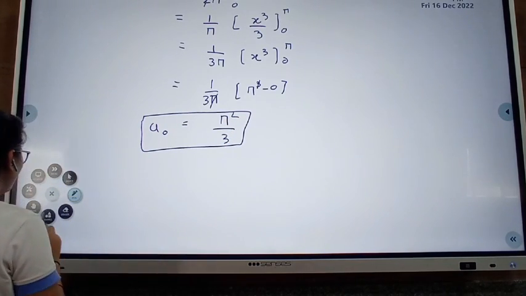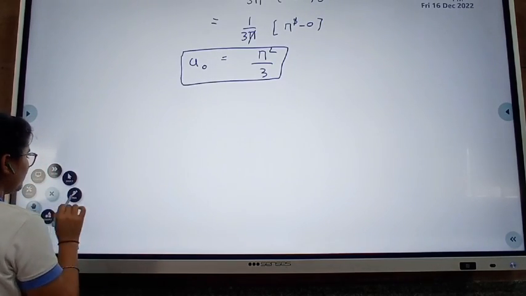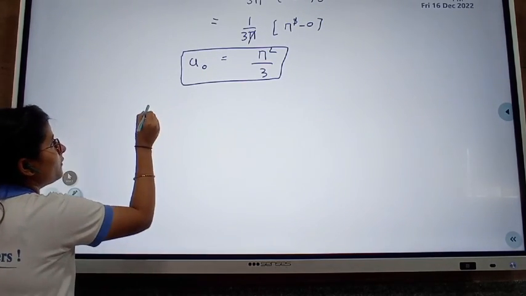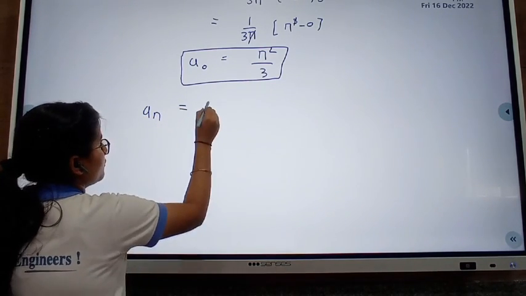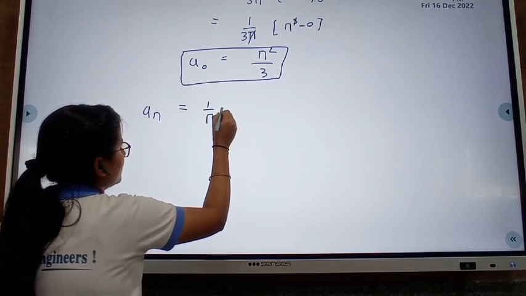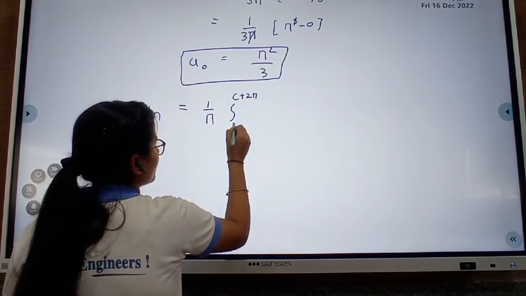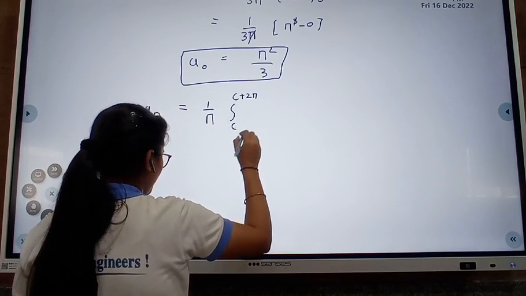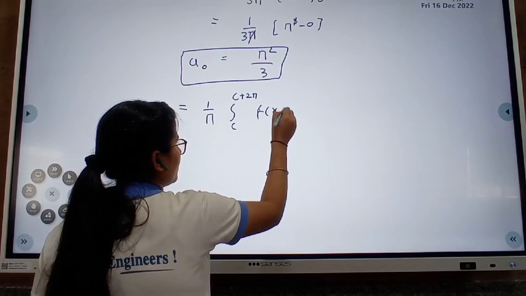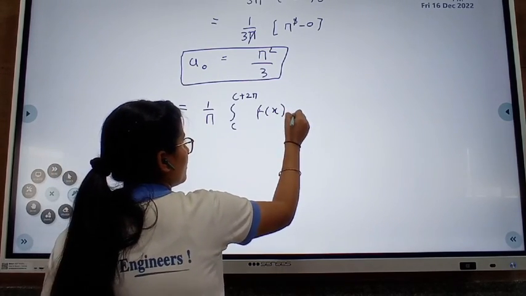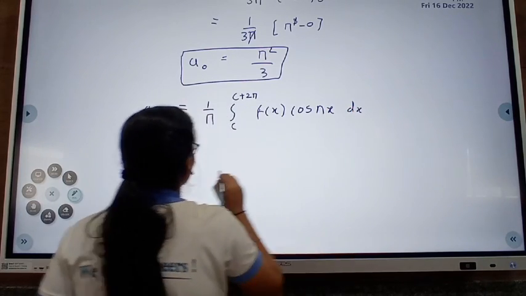So this is the value of a naught. Now we will find out an. So the formula for an is 1 upon pi integration of c to c plus 2 pi f(x) cos nx dx.